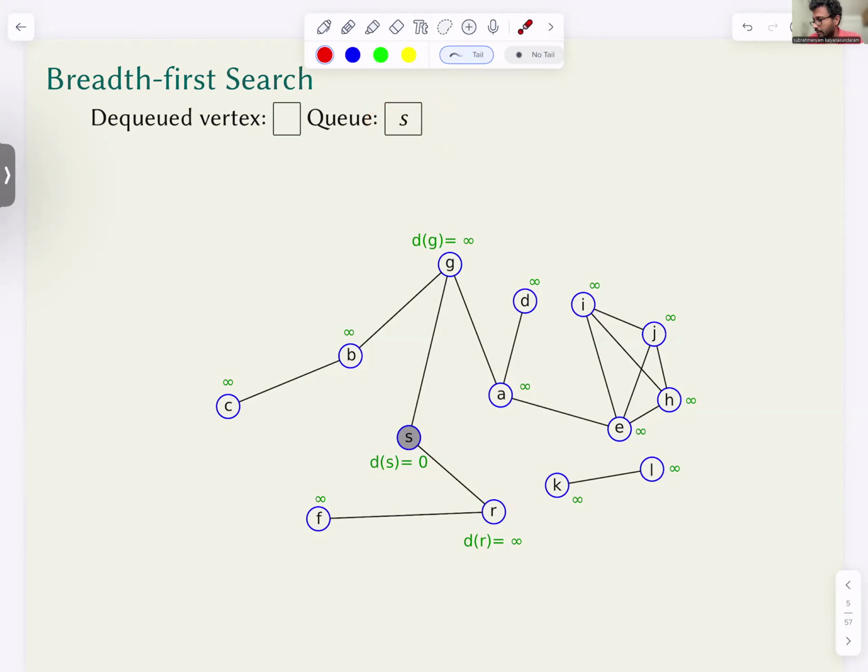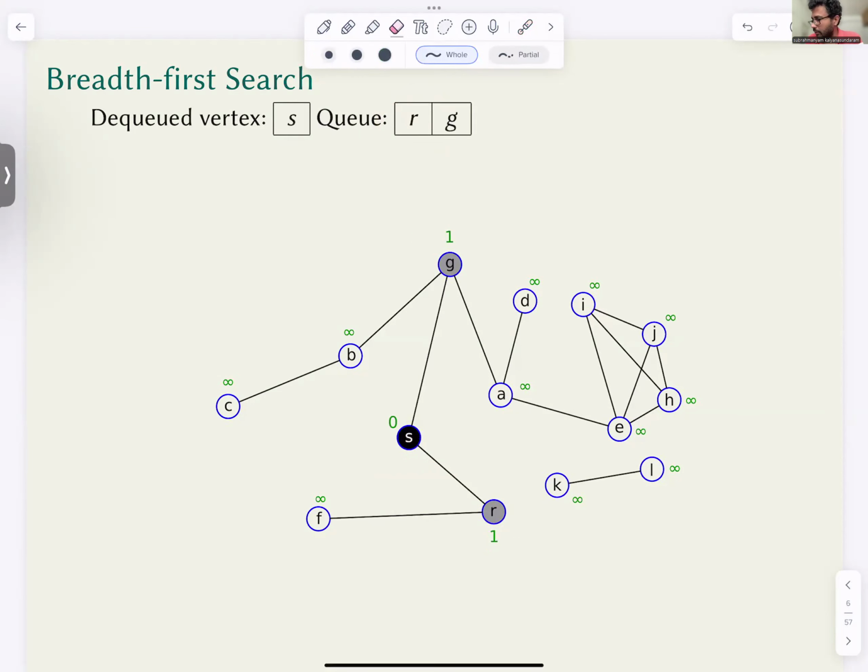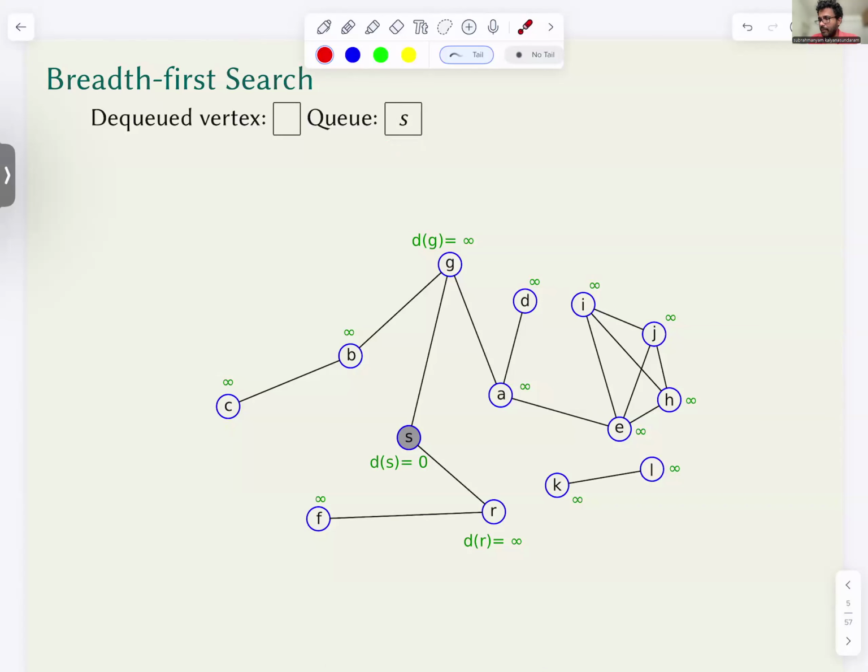Next step: S is the only vertex in the queue, so now you dequeue S. This means you look at its neighbors and enqueue them. The neighbors of S are G and R. So R and G are enqueued.